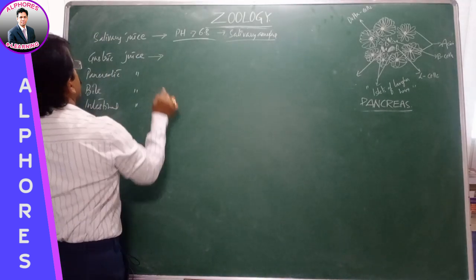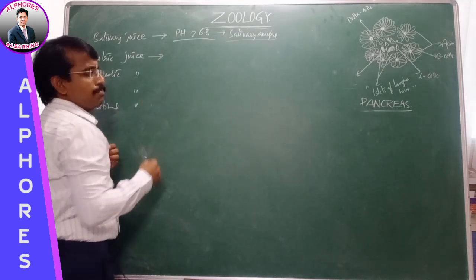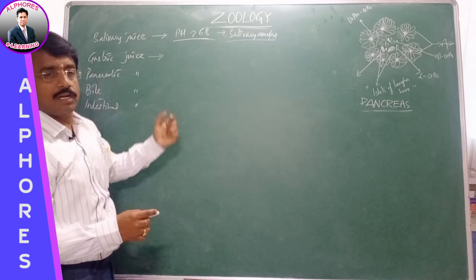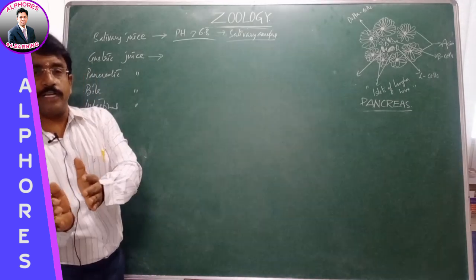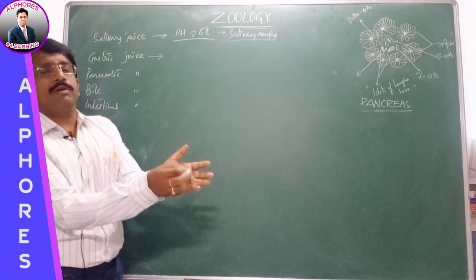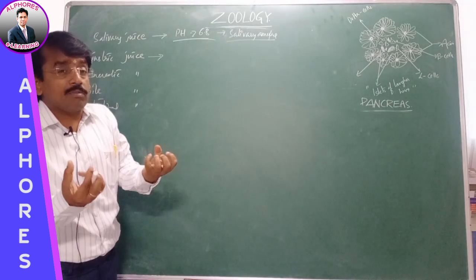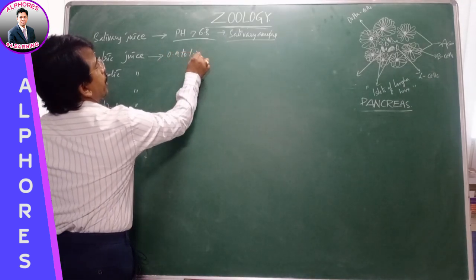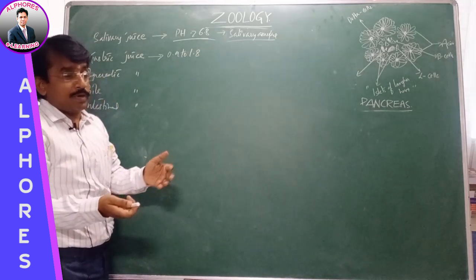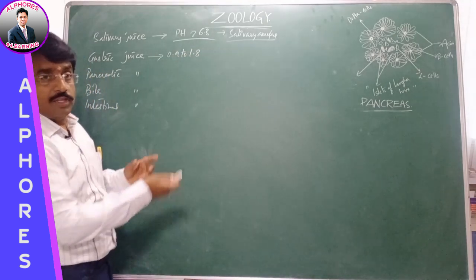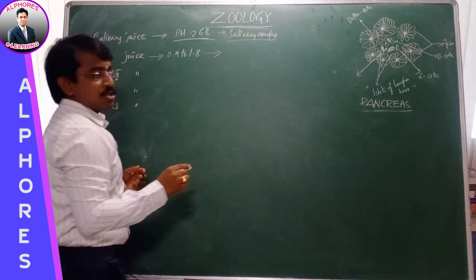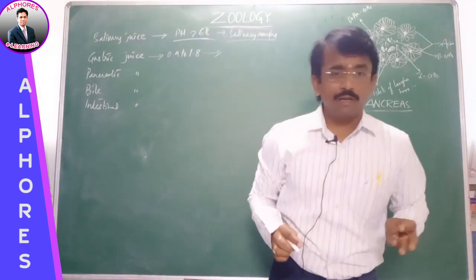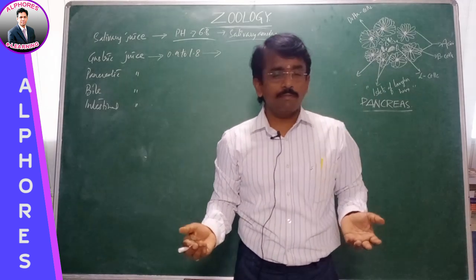Next, the gastric juice. Gastric juice is highly acidic, with a pH varying from 0.9 to 1.8, or it is also said to be 1.5 to 2.5, because of the HCl. It includes the inactive pepsinogen and prorenin, which are converted into active pepsin and renin.